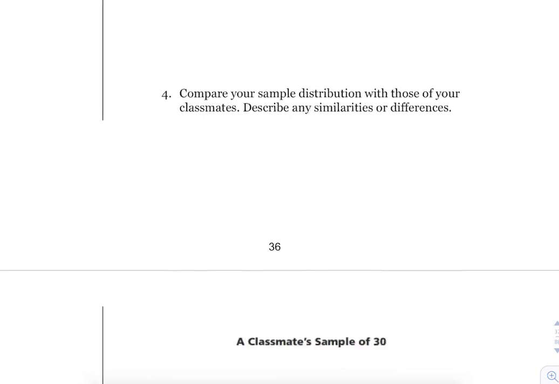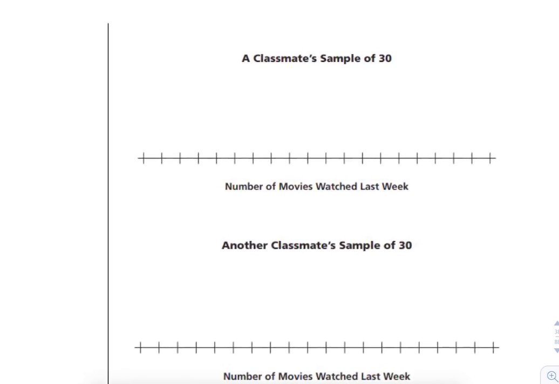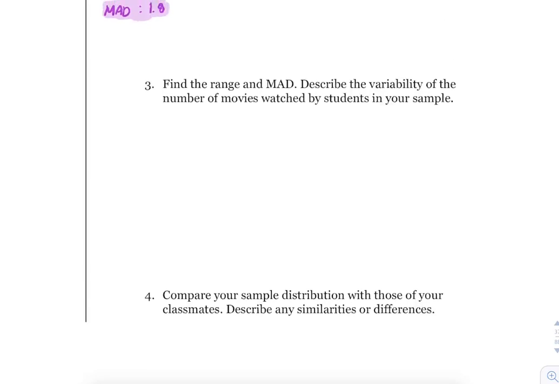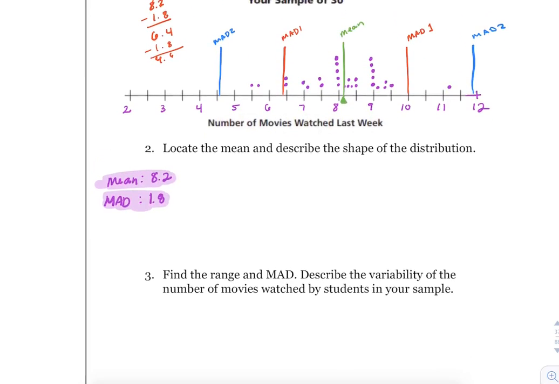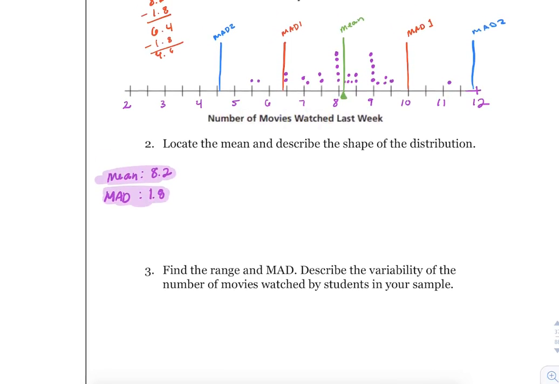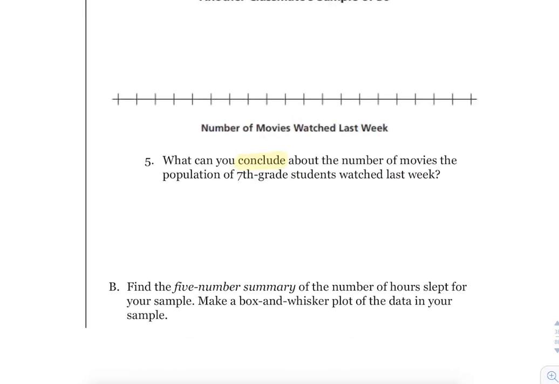So you can compare to your classmates and say that most of our students slept within 1 MAD of each other, 90% of our data. You can say that most of them slept between 8 and 9 hours, or no less than 7 and no more than 10. But you have to have your data in it to be able to actually compare these ideas. What can you conclude?